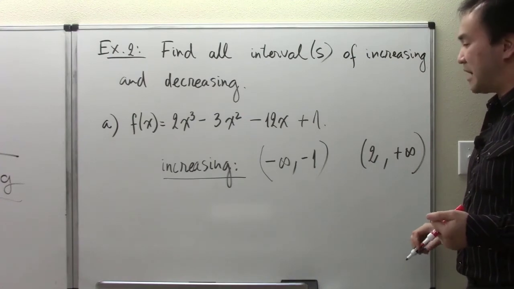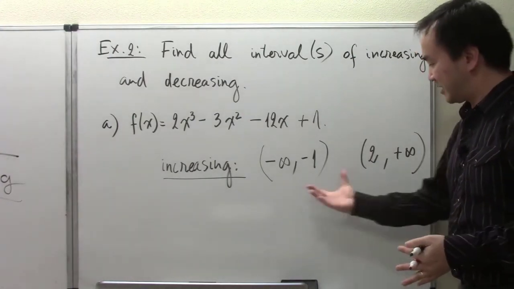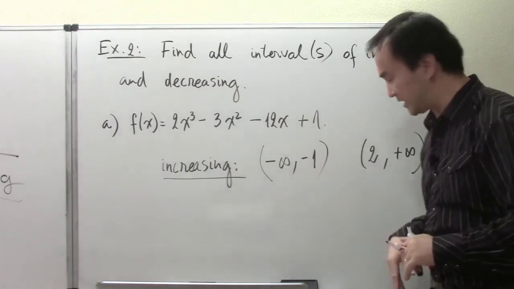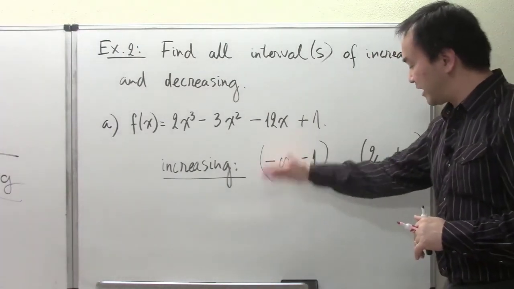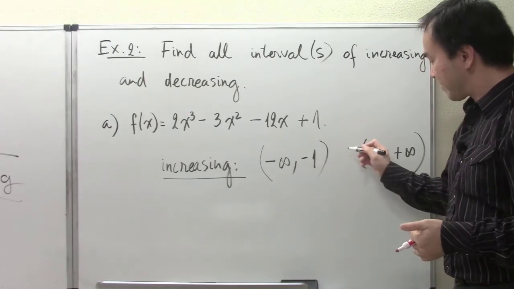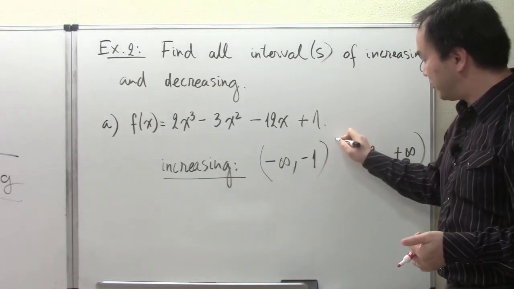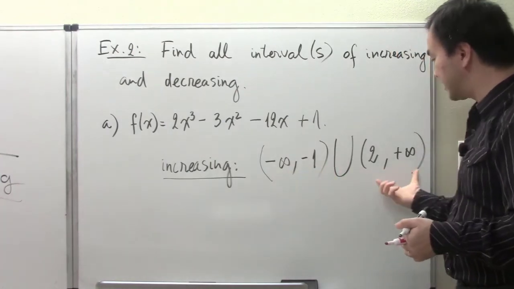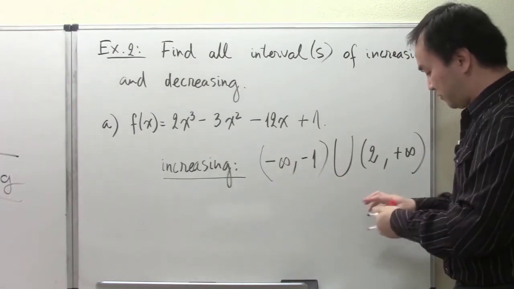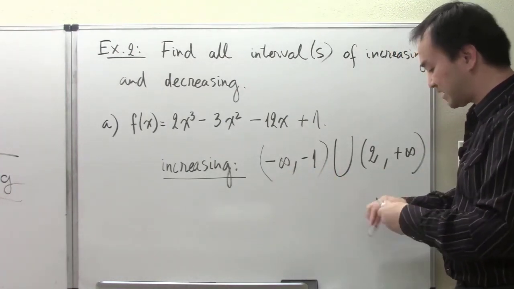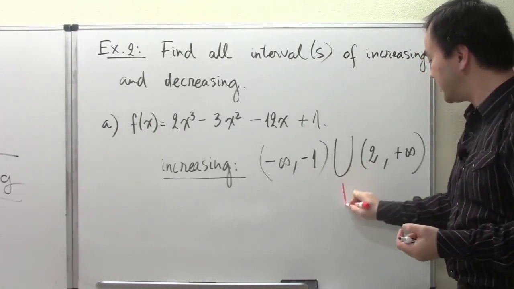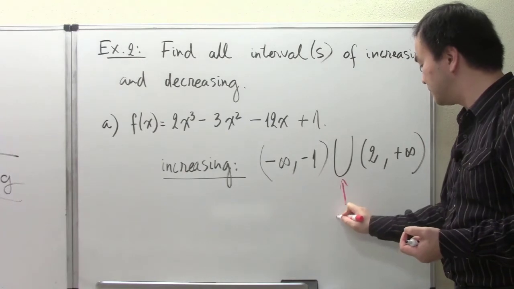But now in formal math, since we're using interval notation, which is the most standard one out there, I am going to introduce this union symbol over here. You might have seen that somewhere in other math courses, but logically speaking, this means "or".